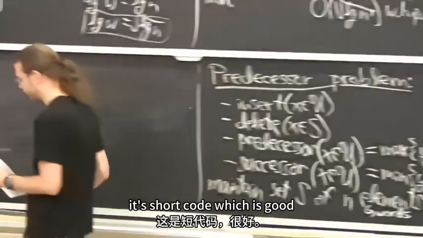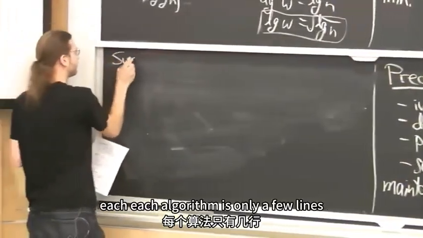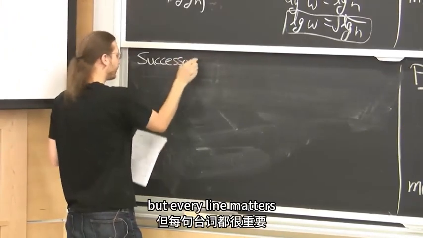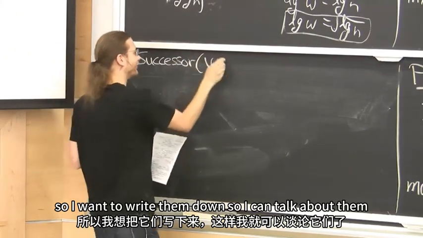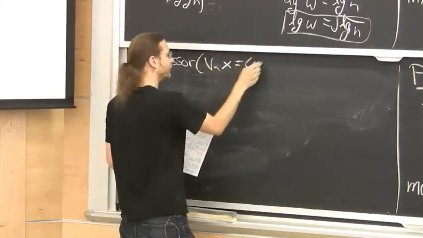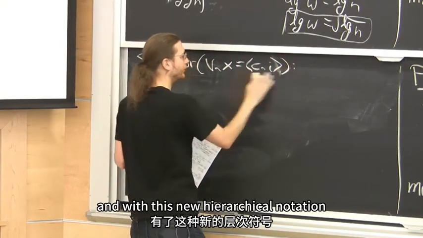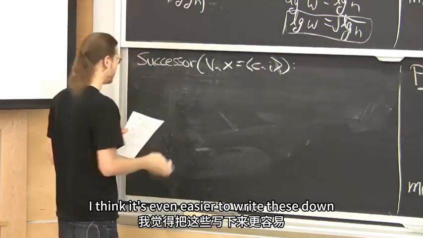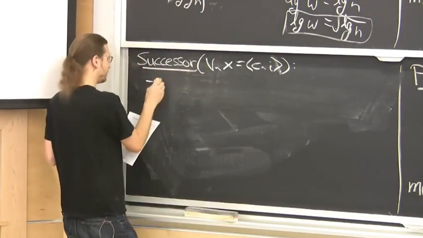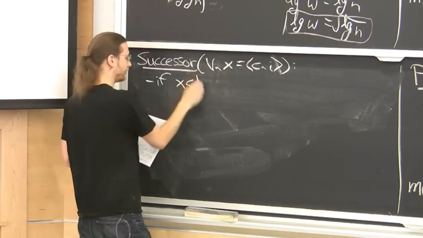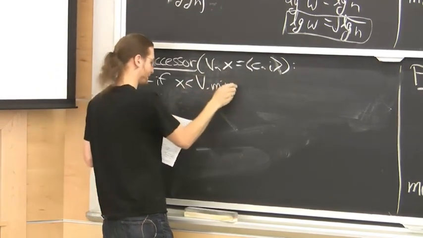It's short code, which is good. Each algorithm is only a few lines. But every line matters, so I want to write them down so I can talk about them. And with this new hierarchical notation, I think it's even easier to write these down. See how I do.